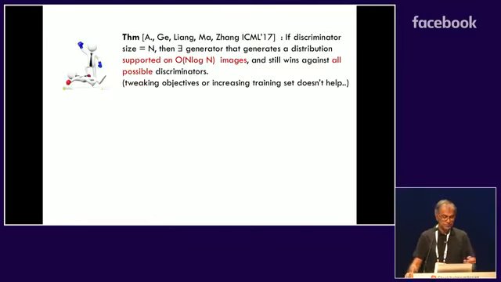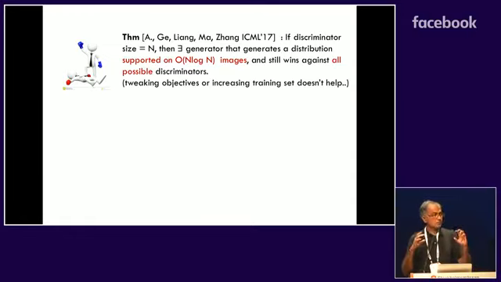So here's the theorem. This was a paper in the last ICML. If the discriminator size is n, then there's a generator that generates a distribution supported on n log n images, and it still wins against all possible discriminators. Furthermore, tweaking objectives or increasing the training set doesn't help.